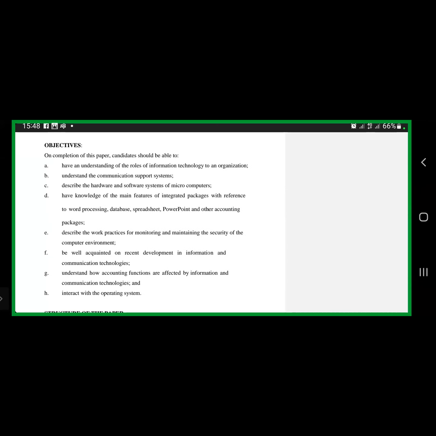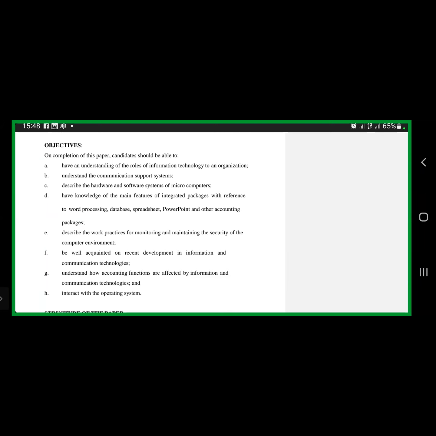On completion of this paper, candidates should be able to have an understanding of roles of information technology to an organization, understand the communication support systems, describe the hardware and software systems of microcomputers, have knowledge of the main features of integrated packages with reference to word processing, database, spreadsheet, PowerPoint, and other accounting packages.